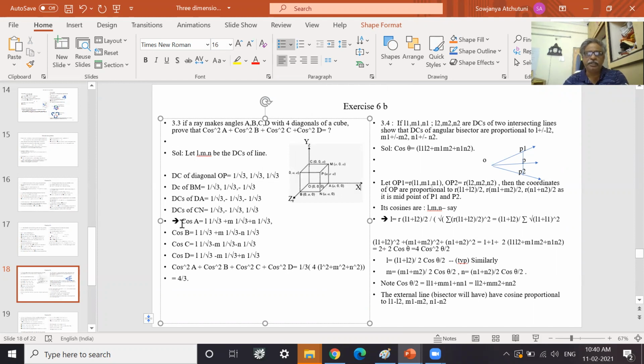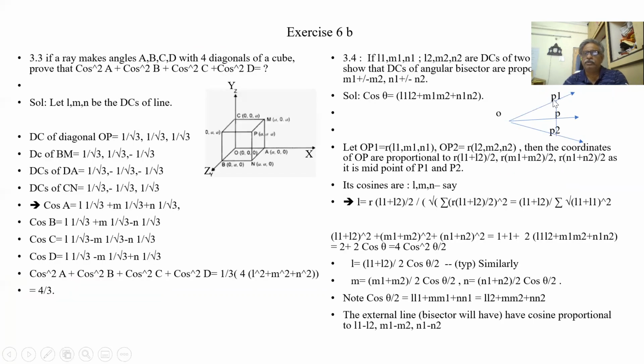With respect to this, we have written the coordinates. Okay. Now let us see another problem from the exercise.